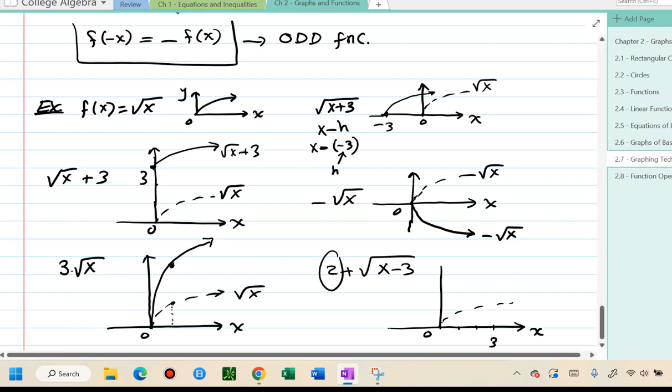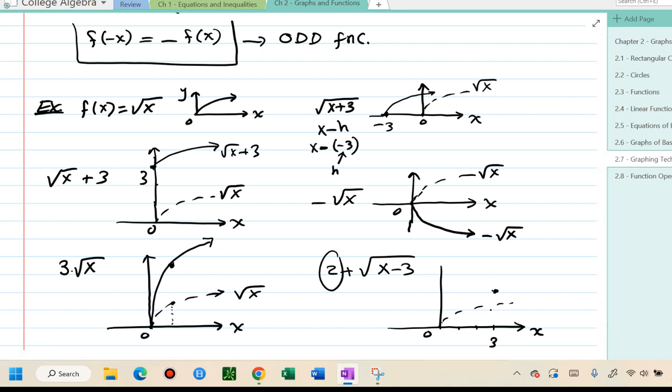And then go up 2, 1, 2. So what used to be 0 is now at this point, and then redraw the dotted curve. There. And that's going to be the graph of this. Okay, so you see how easy that is done. It's really not that difficult.